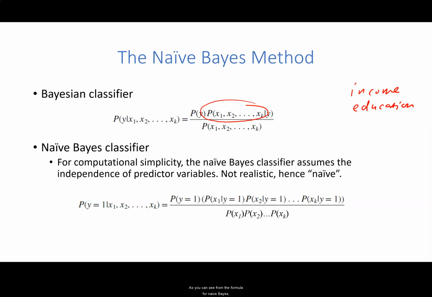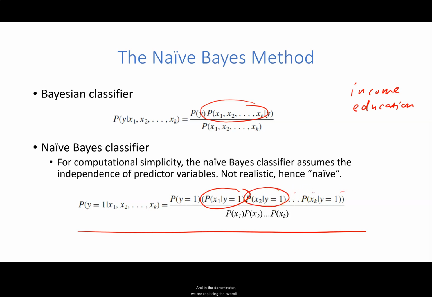As you can see from the formula for naive Bayes, the only modification to the formula is the replacement of the conditional probability of the predictors taking the values of x1, x2, all the way to xk, given the class of y, with the multiplication of the probability of x1 taking the value of x1 given the class of y, multiplied by x2 taking the value of x2 given the class of y, and so on.